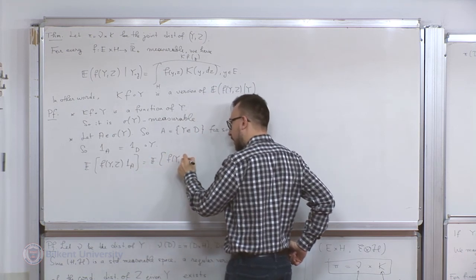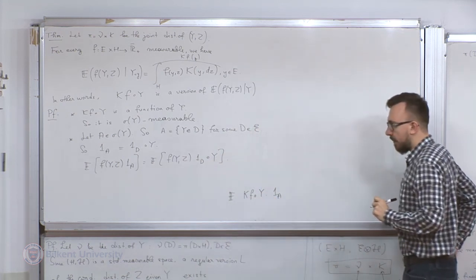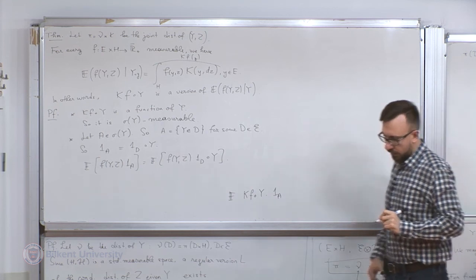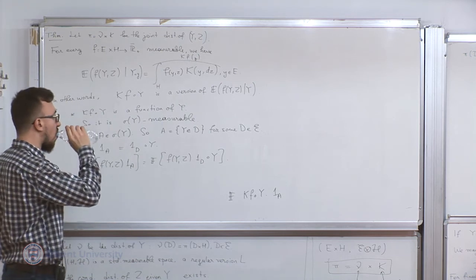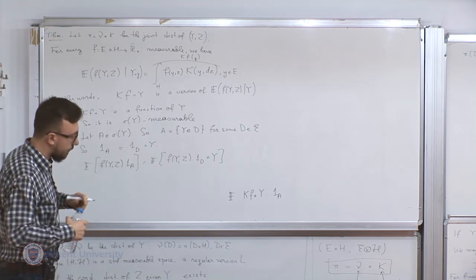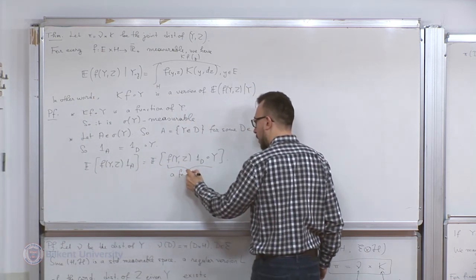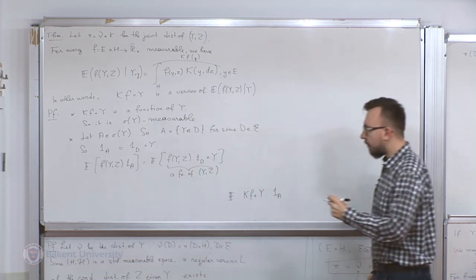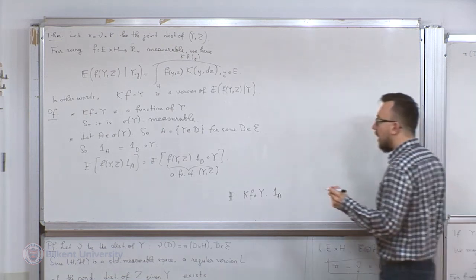First of all, indicator A is indicator D of Y, right? So f of Y, Z is a function of Y and Z, and indicator D of Y is a function of Y. Therefore, the product is a function of Y and Z together. Therefore, we can calculate the expectation of this using the joint distribution.